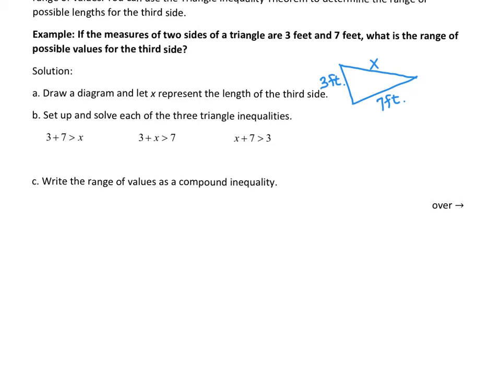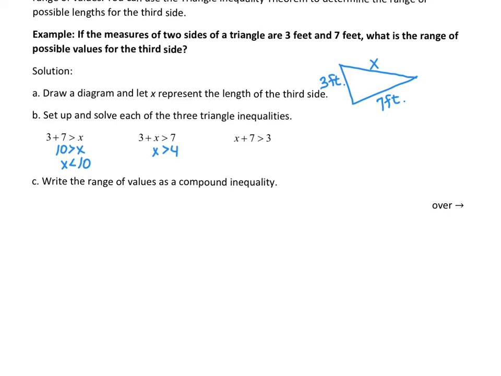So our first one, 3 plus 7, so we have 10 is greater than x. That means that x has to be less than 10. If we look at our second inequality, to solve that, we're going to subtract 3 from both sides. So x is greater than 4. Okay, so x must be greater than 4 in order for us to form the triangle.